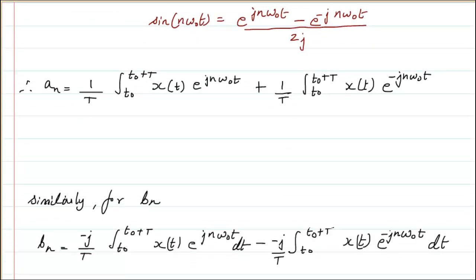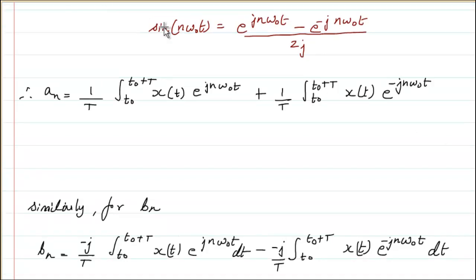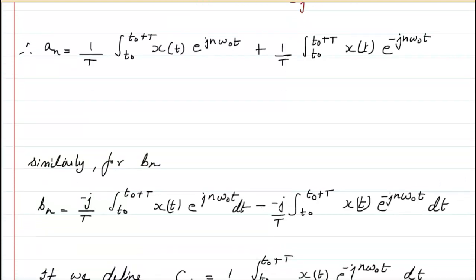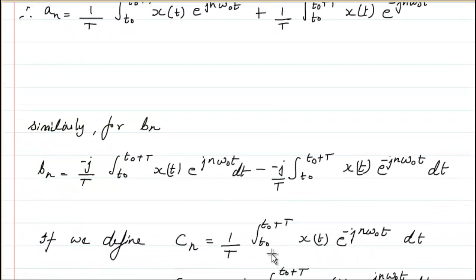Similarly, for b of n I can write a similar equation where this j is extra, and when it is taken to the numerator it becomes minus j, and instead of plus it is minus here. Now I am going to introduce a new value c of n, where c of n is basically 1 divided by T integral t naught to t naught plus capital T x of t e raised to power minus j n omega naught t dt.